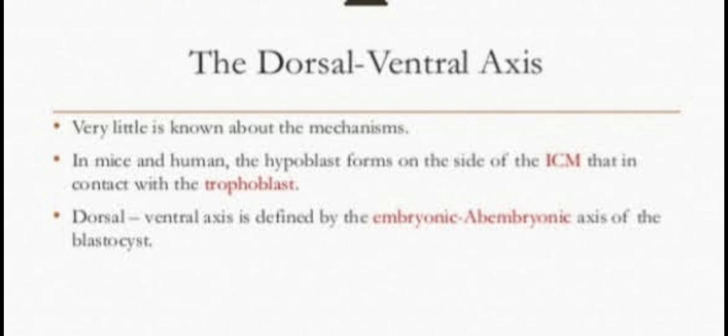All these genes work in a cascade manner, in orchestration, that is one after another, to specify the anterior and posterior region of the animal. The second specification of axis is called the dorsal ventral specification.